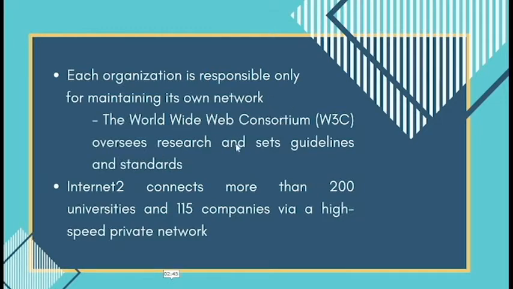The World Wide Web Consortium, or W3C, oversees research and sets guidelines and standards. The director is Tim Berners-Lee of the World Wide Web Consortium. Internet 2 connects more than 200 universities and 115 companies via a high-speed private network. They develop and test advanced internet technologies.